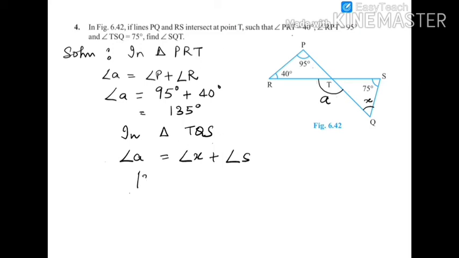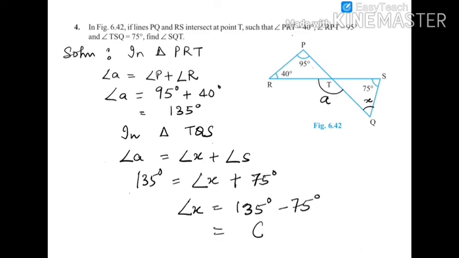Angle A is 135, angle x is what we have to find, and angle S is 75 degrees. So angle x will be equal to 135 degrees minus 75, which is equal to 60 degrees.